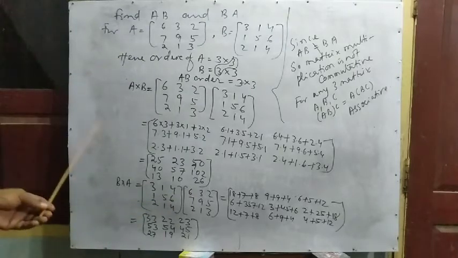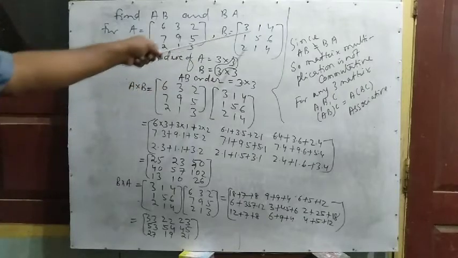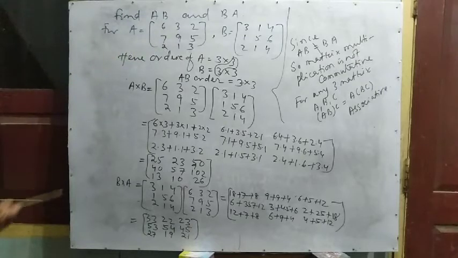Here also the multiplication is possible because both are 3 by 3: the number of columns equals 3 and the number of rows is also 3. Then the multiplication of BA is also possible.